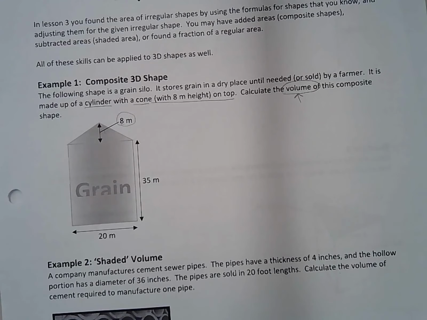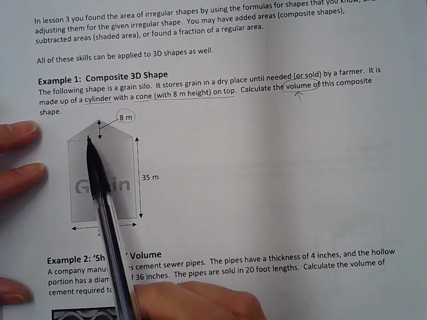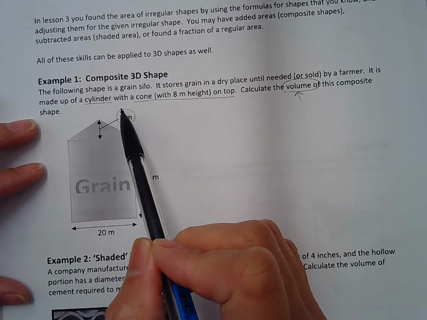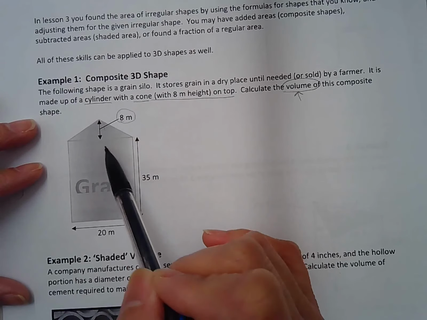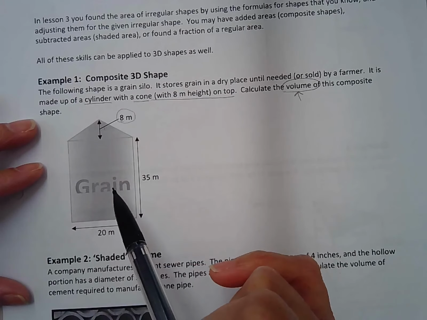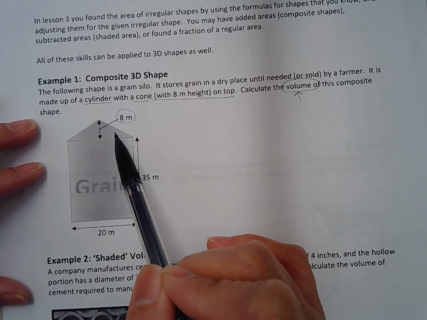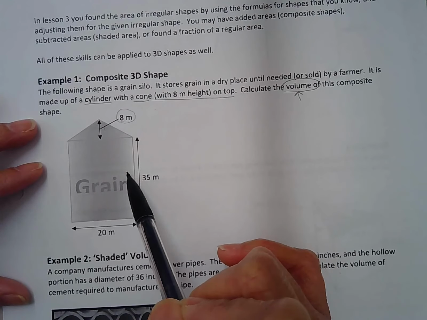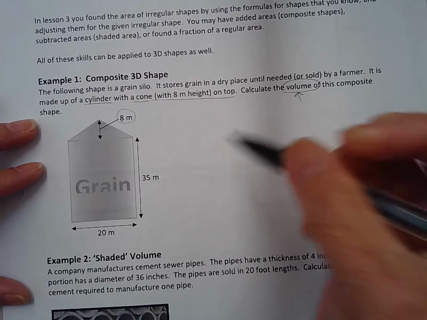So the grain, we have two things going on in here. We have a cone shape on the top and then a cylinder at the bottom. So what we need to do is figure out the volume of the cone top and the volume of the cylinder. So let's do that.